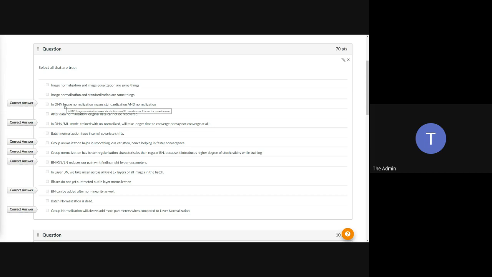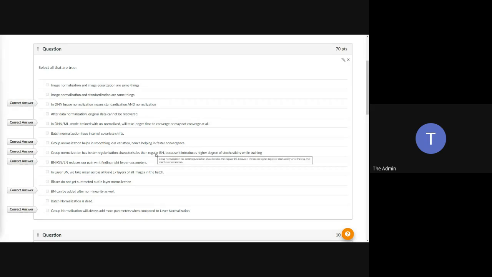After data normalization, original data cannot be recovered. Why is this not true? Only in equalization and other things you cannot recover. Correct. Here we can recover it because we have the normalization value, and using that we can recover our data back.